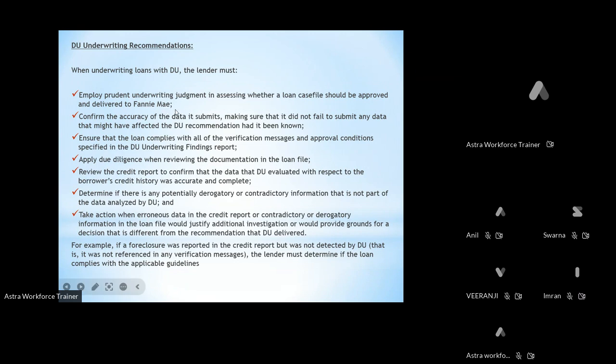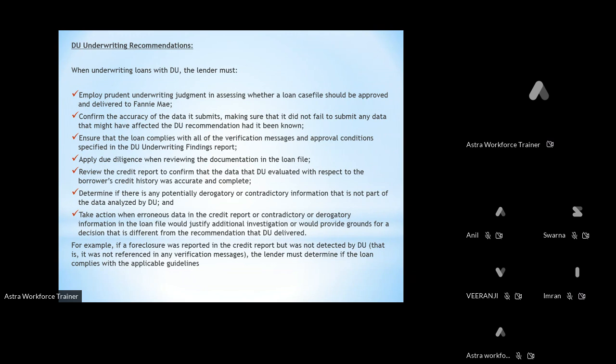That means a secondary investor, right? So we can assess the borrower's profile based on the Fannie Mae guideline. Then we come to know whether the file is saleable to the investors.